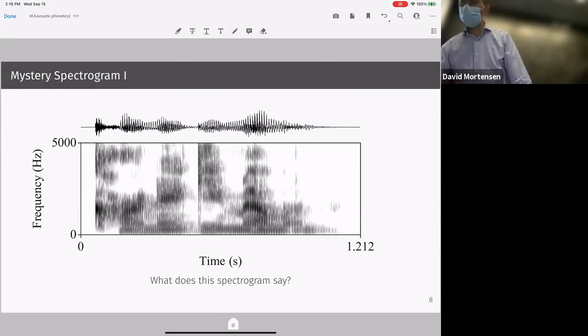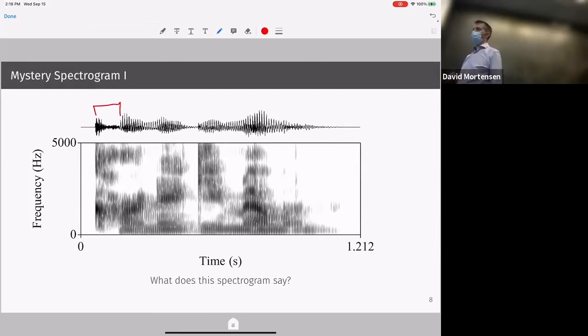Definitely not as periodic as the stuff at the end, for sure. But I think it's a combination of the late time release and the noisiness. Right. So this part is noisy, and there's no voicing until we get here.